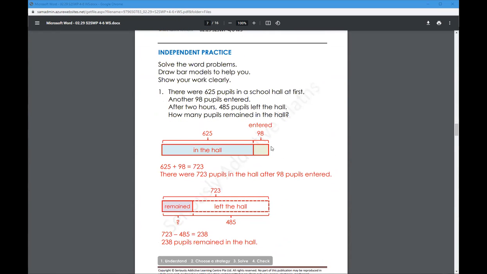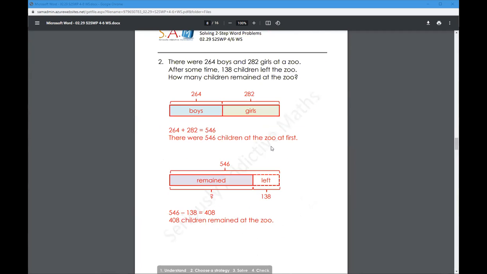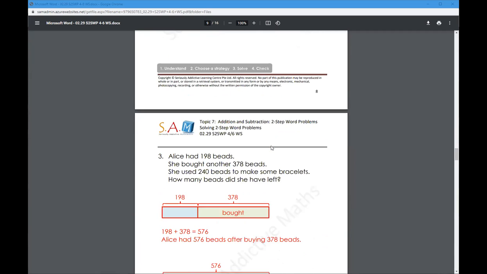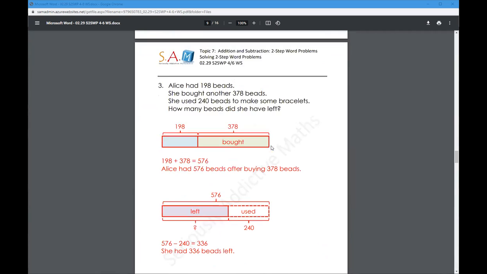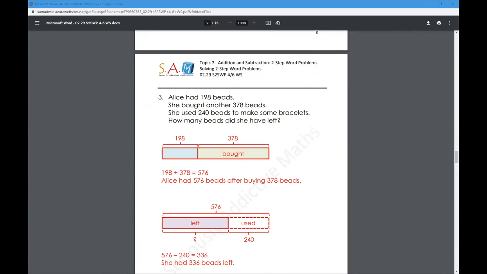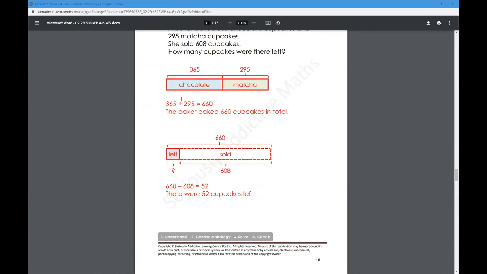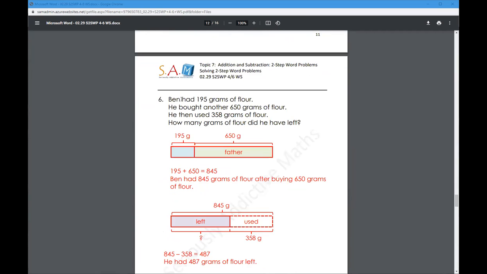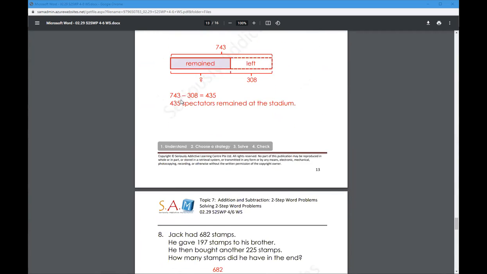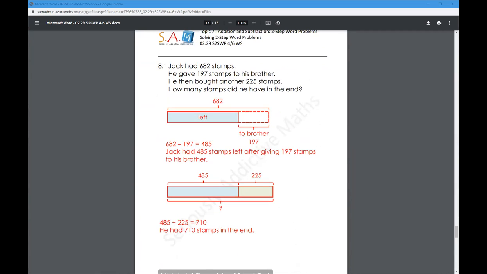After that, you can get them to do some more practice. If you'd like me to choose for you, they can do question 3. But there's one question that they definitely need to do, and it is question 8.